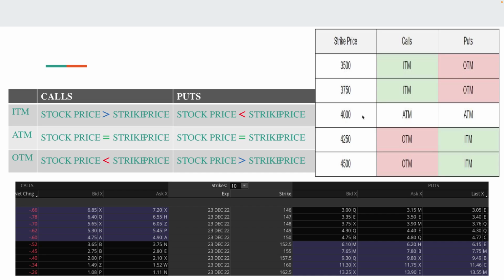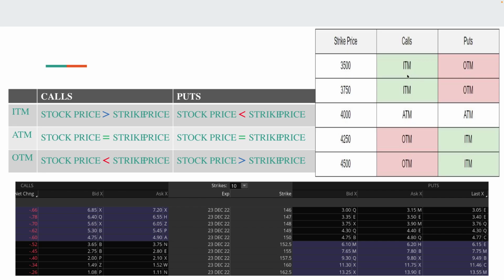For calls, they're in the money when the current stock price is greater than the strike prices. Calls in the money, stock price greater than strike price. So all the calls here with the 3,500 and 3,750 strike prices are in the money because the current stock price of $4,000 is greater than these strike prices.